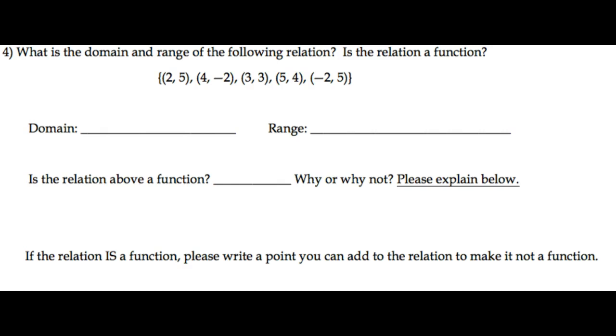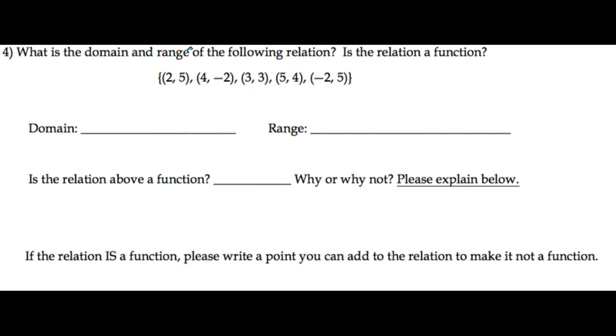All right, in number 4, we're given these 5 coordinates: 2, 5; 4, negative 2; 3, 3; 5, 4; and negative 2, 5, where the first is the x value and the second is the y. We're asking what's the domain and the range of the following.